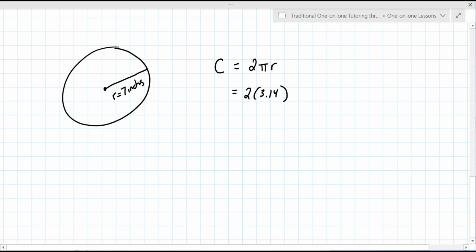What is the value of r in this circle? The value of r is 7. Okay.